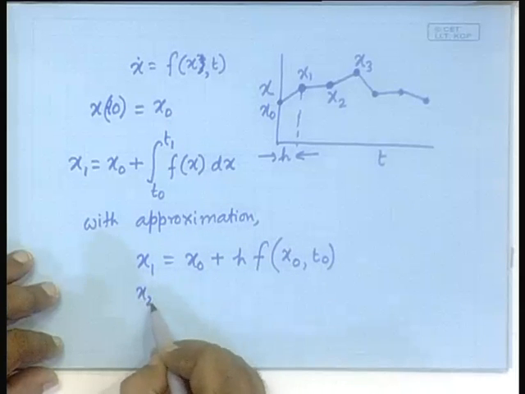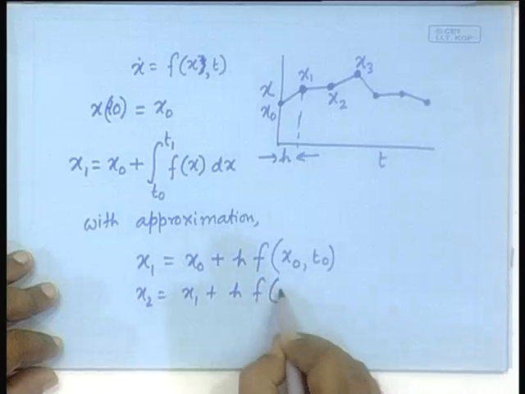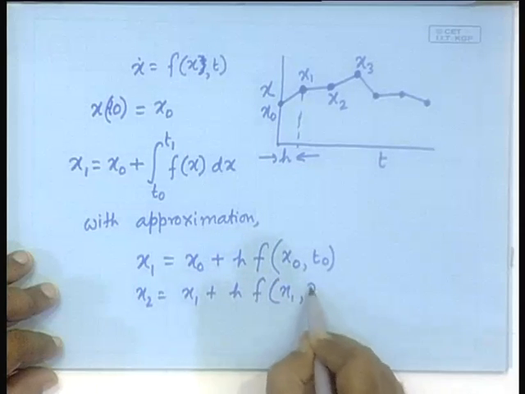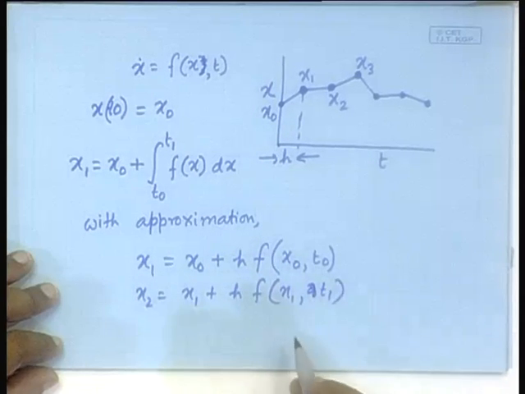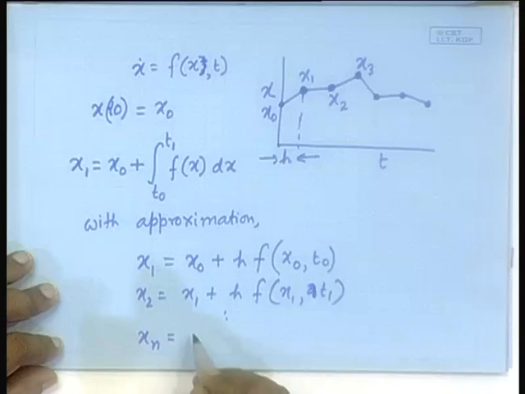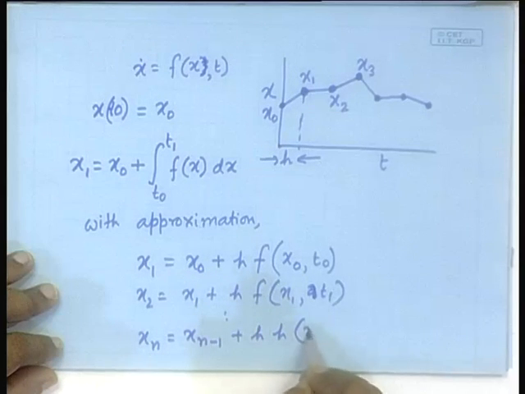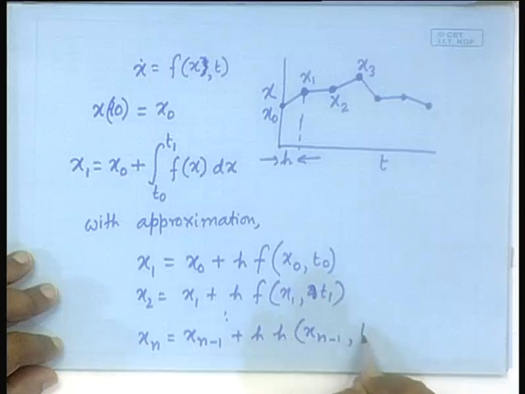Similarly, x 2 is equal to x 1 plus h f x 1, sorry, t 1, and then you continue this, you have x n is equal to x n minus 1 plus h times f x n minus 1, t n minus 1.